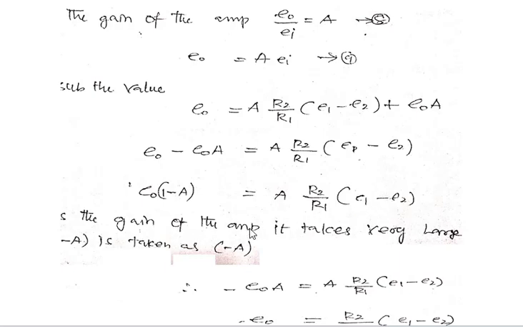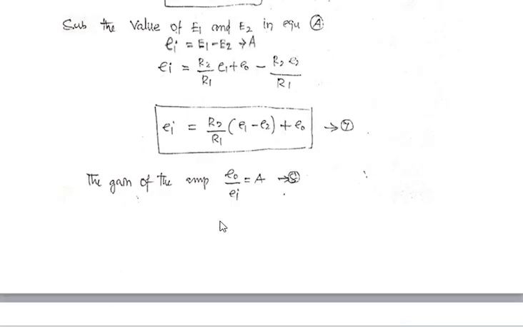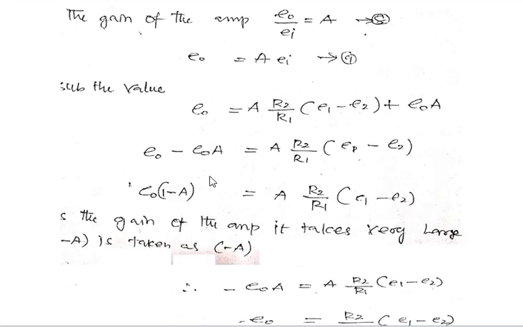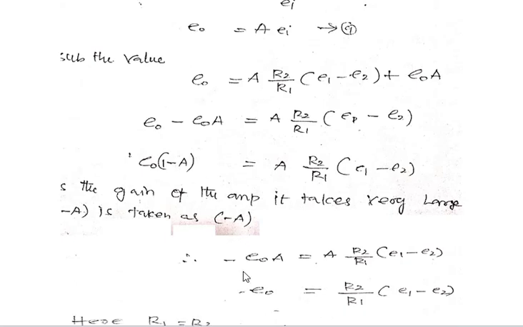As the gain of the amplifier is very large, 1 minus A is taken as minus A. When compared with the value of A, 1 is very small, so the 1 is eliminated. So minus E output into A is equal to A by R2 by R1, e1 minus e2.